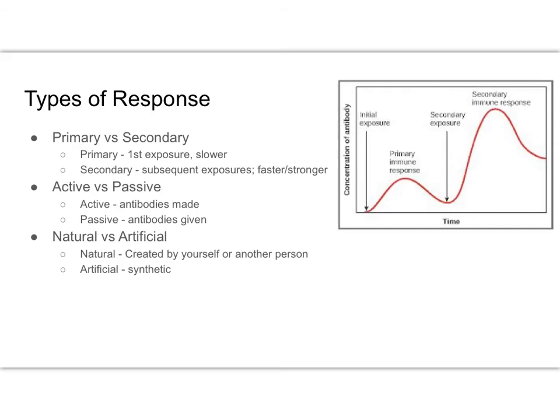That response is a little bit slower than a secondary response because that's when it's learning about the antigen and it's learning how to make antibodies for it and how to recognize it and how to attack it. The secondary response is any subsequent exposure that your body has to that antigen. It's already ready to go. So that response is going to be faster and stronger, both faster and stronger.